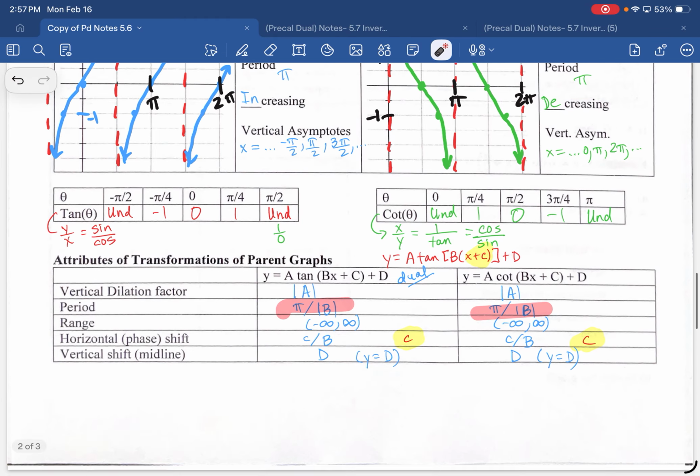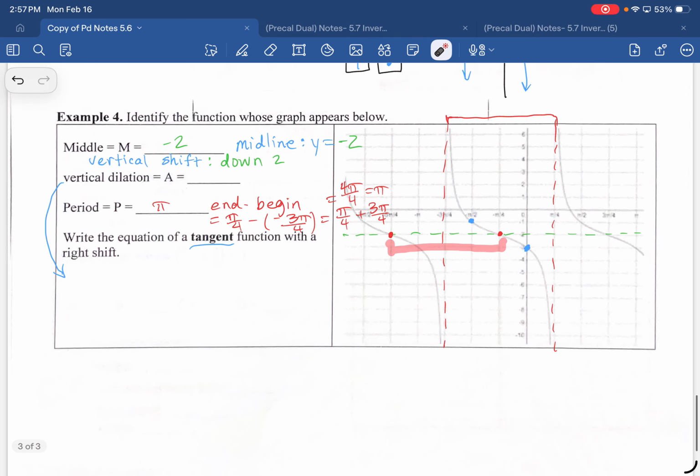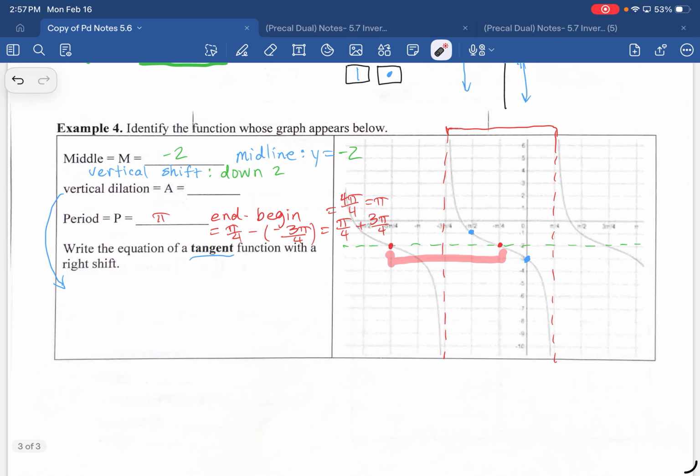It might be easier to do this problem with cotangent, and it might be easier to do this problem with the left shift, taking the origin point to this dot, but that's not a choice we are allowed to make. So we have to figure out where that origin point would go with the right shift, and it would go to right here. So that is a right shift of 3 pi over 4.